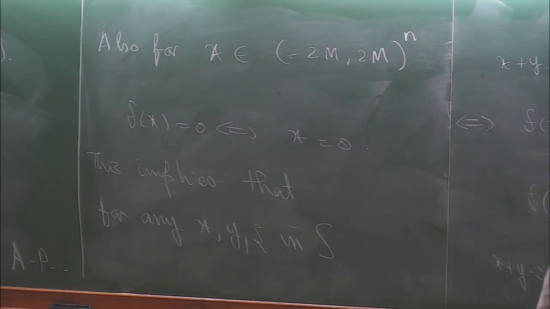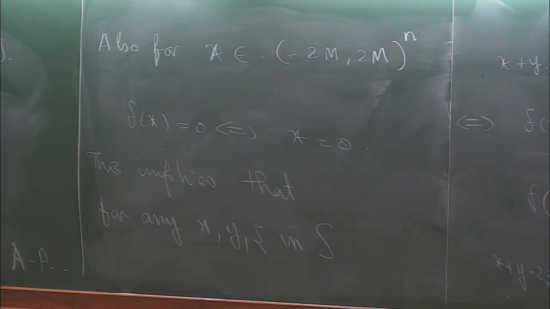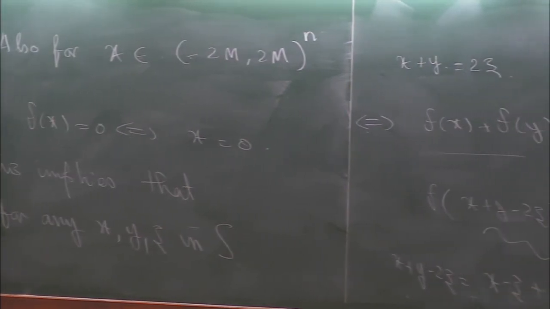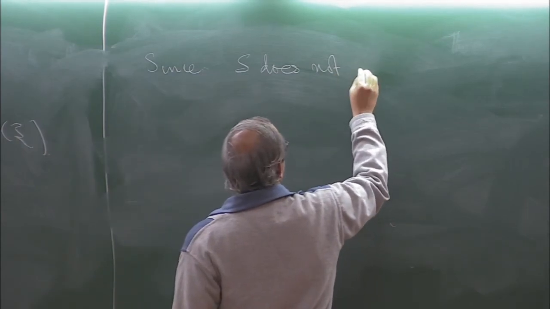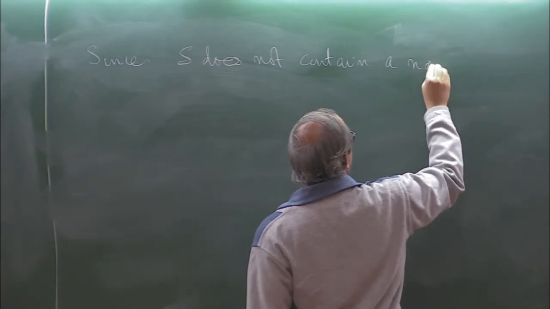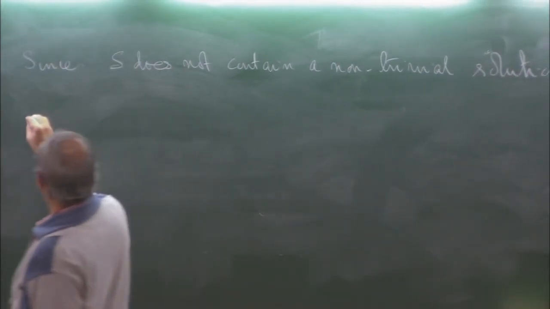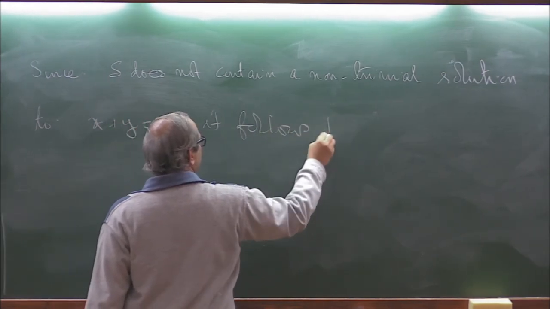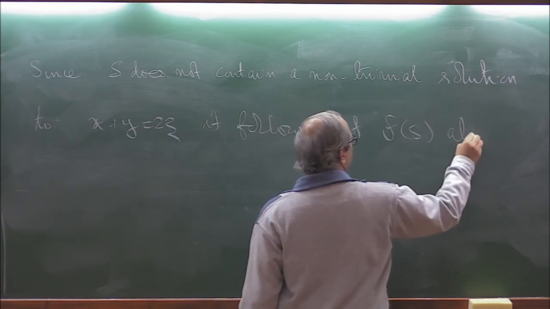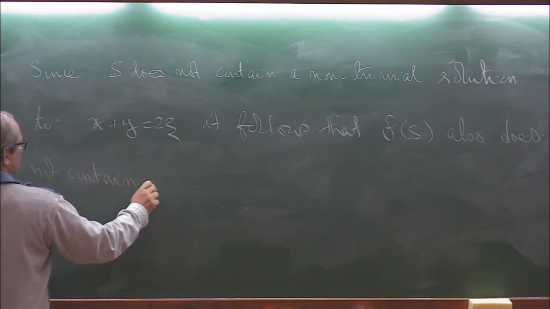So from this you conclude that since S does not contain 3-term APs, meaning does not contain a non-trivial solution to x plus y equal 2z, it follows that f of S also does not contain such a solution.